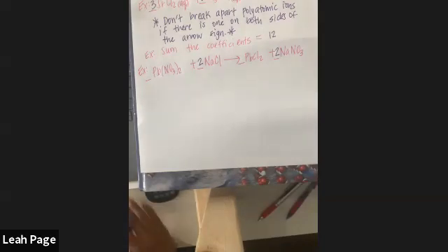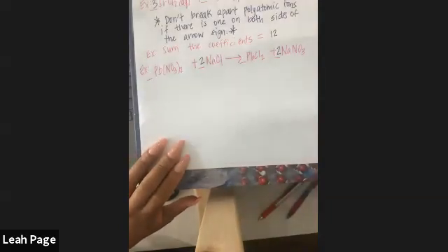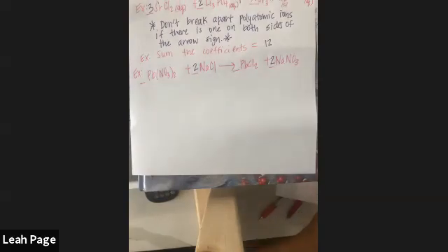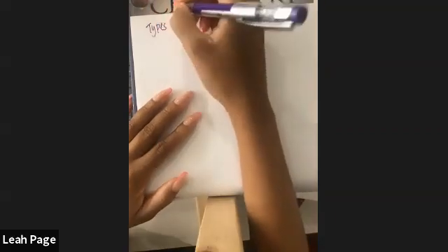All right, so let's keep going to the different types of reactions, and then I have a worksheet and we're gonna do some practice problems. So we have the different types of reactions. Let me start a whole new page for this. So reactions can be grouped in different ways.